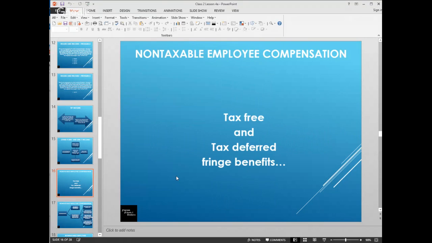Non-taxable employee compensation, tax-free and tax-deferred fringe benefits. There are some forms of employee compensation, for example your medical benefits, that if tax-deferred or tax-free, would not be reported in line 1.